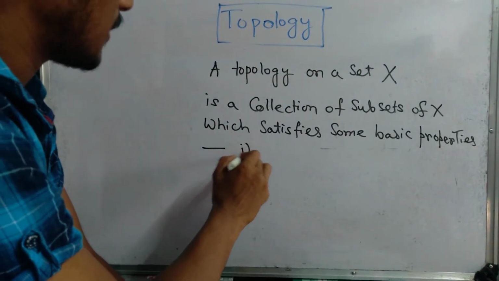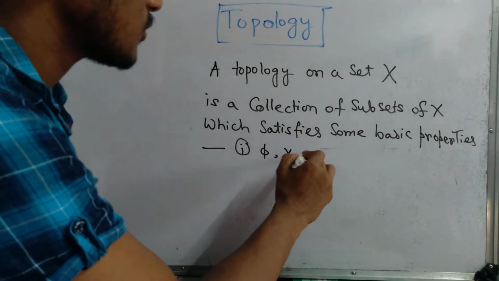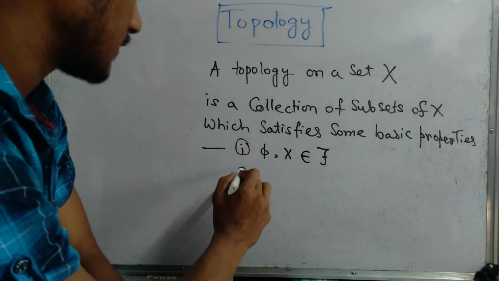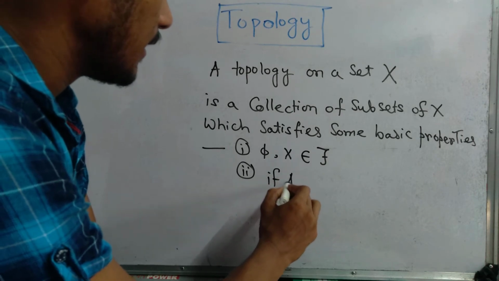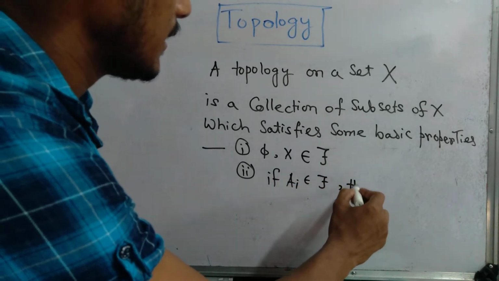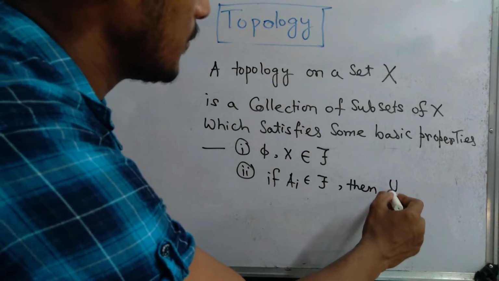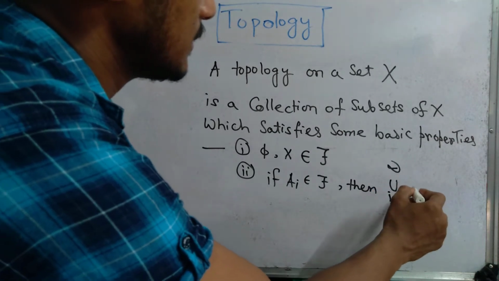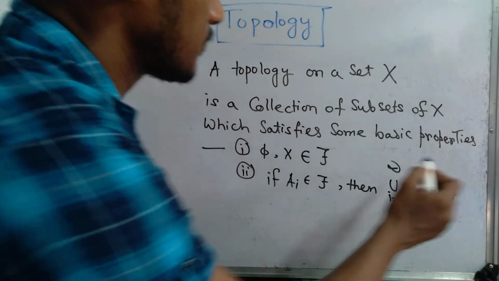Those are: first, the empty set phi and the whole set X belong to this tau. Here tau is the collection. Number 2, if A_i belongs to tau, then the arbitrary union of A_i, i equal to 1 to infinity, belongs to this tau.